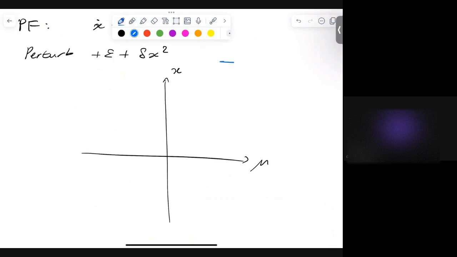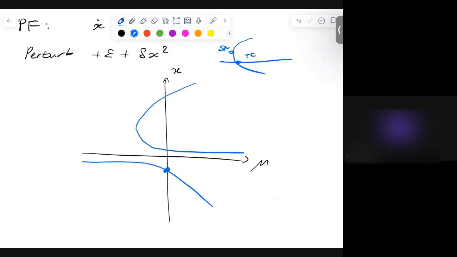Okay, so this was the picture we had before with a saddle node and the transcritical. Let's draw that better. So I suppose if that were perturbed, you could end up with, for example, I think we could get this and this, right?